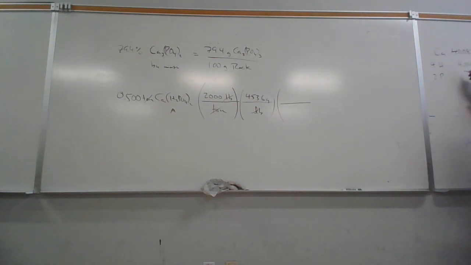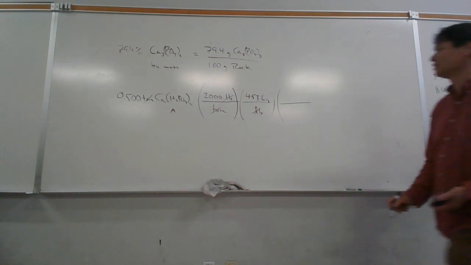61.94. How many oxygens? 8 oxygens. So that's 8 times 16, 128. And then just add it up. 234.06.